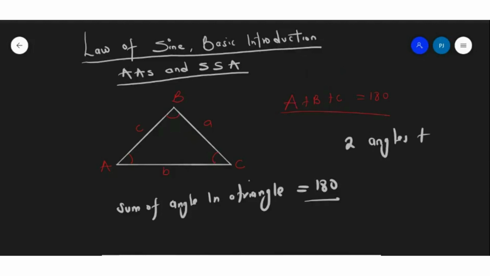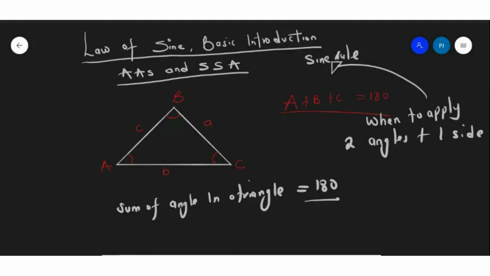I'm going to put here when to apply the sine law, the sine rule: if we can cite two angles and one side, or we have two sides plus one angle. Whenever we see something like this, that tells you this is the right time to apply the sine rule.